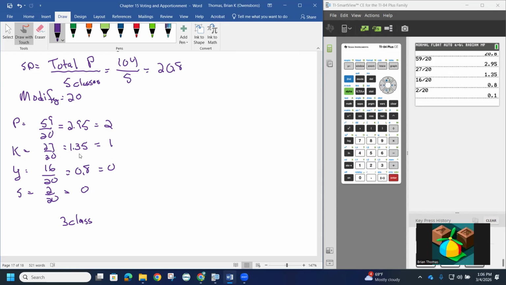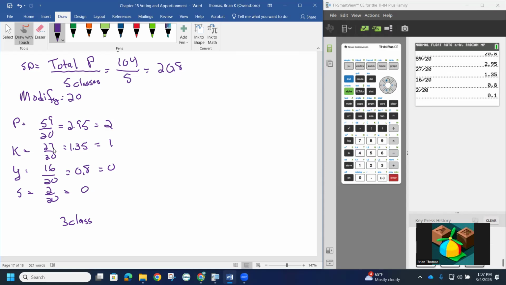To get closer to a two, I need to figure out how much lower I need to make this. If I divide 27 in half, that'd be around 13 or 14.